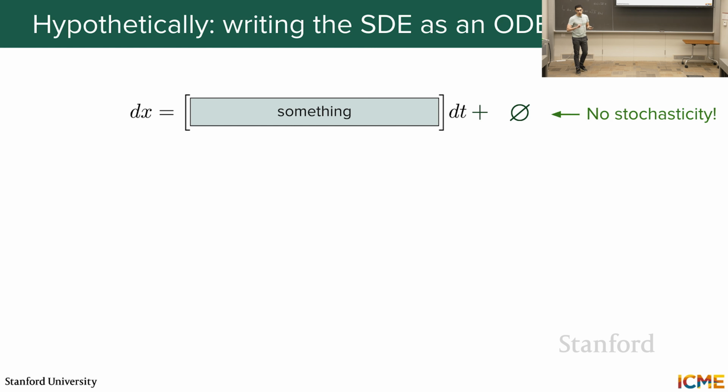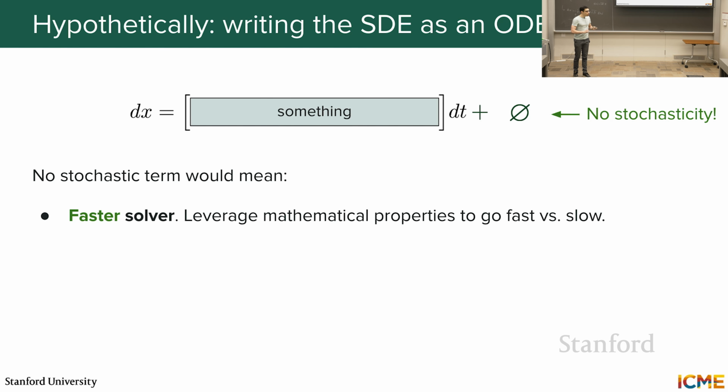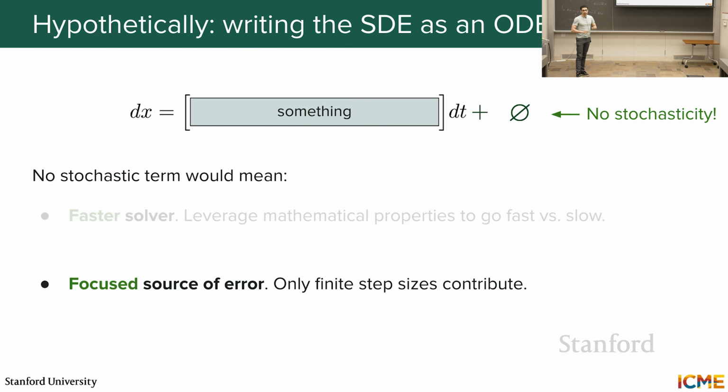Going through each point that I mentioned, you would be able to gauge how fast you go depending on the regularity of the function on the left. So you have some methods that can take adaptive steps. The second point is that in terms of errors you're committing once you solve that equation, they're only focused on the discretization of the left part. So you have fewer sources of error.